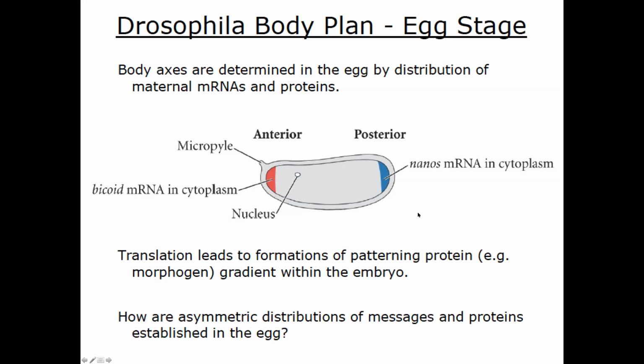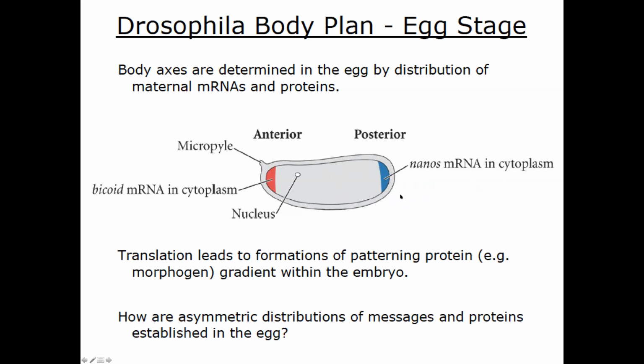It binds to the plus-ended motor proteins, the kinesins, and it is transported here to the posterior end. OSCA, being an mRNA binding protein, binds to nanos. So OSCA is the binding partner that keeps nanos mRNA localized to the posterior end.